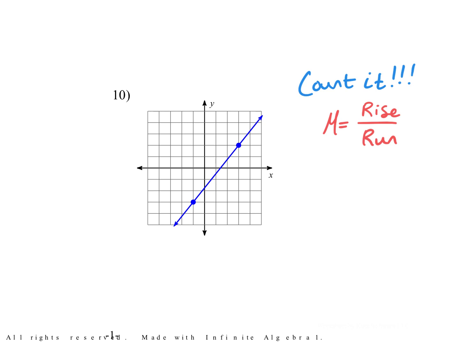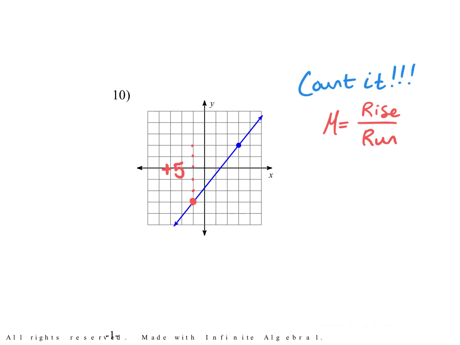Okay? So remember how I taught you to do it is I always start at the lowest point and I count up. So I would start down here at this point that I make red, and if I'm going to count up, I count up 1, 2, 3, 4, 5. So I counted up 5, so that means it's a positive 5. Okay? If I were to count down, that number would be negative.